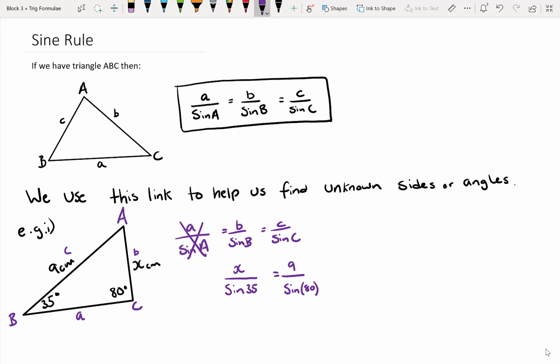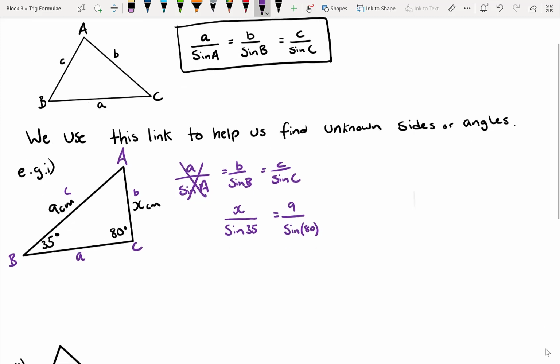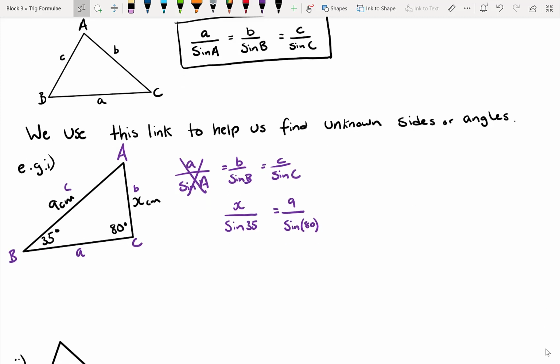Whilst you are welcome to write it in the first way, like the sine of 35, your calculator will default to putting the brackets in, so we need to be aware that we can see them both ways. What I want to know is this missing side x. I'm dividing by the sine of 35 on the left hand side, so it's going to multiply on the right. So I've got 9 divided by sine of 80, multiplied by the sine of 35.